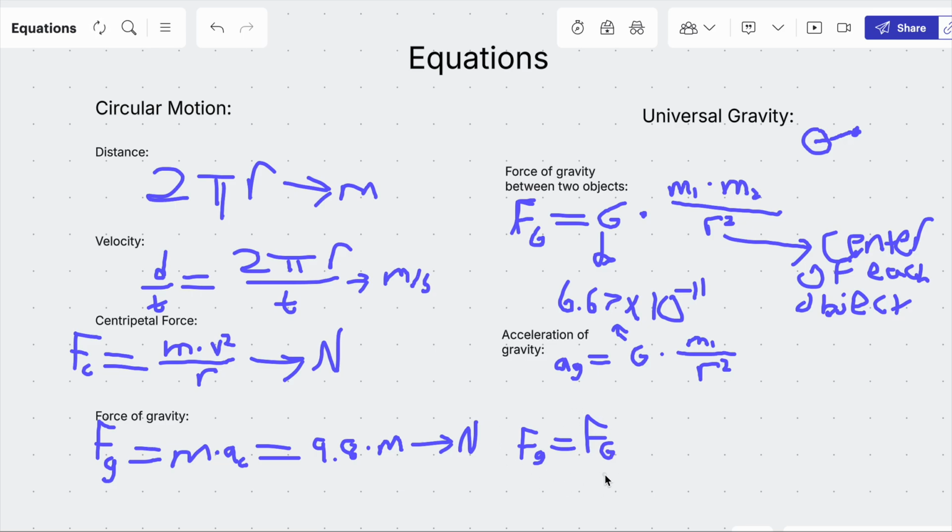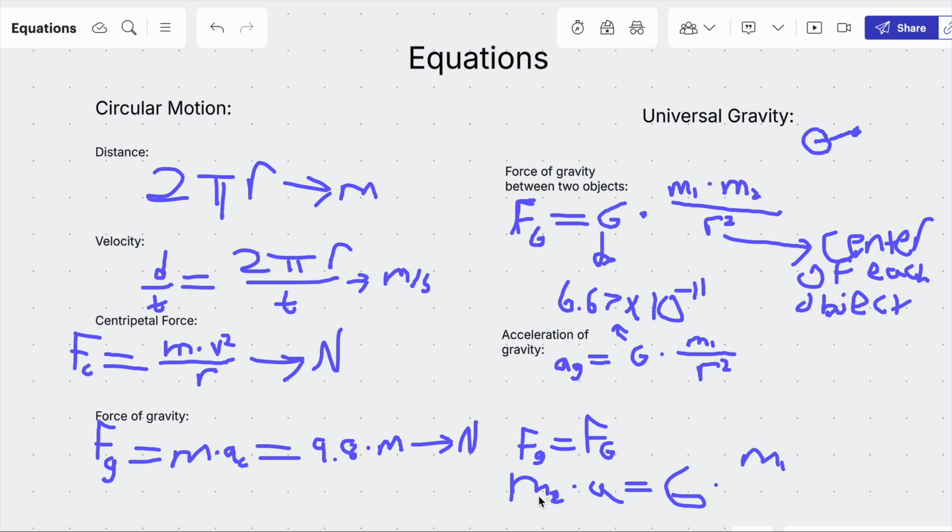is equal to, like the universal one. So we can plug in mass of the object, which we'll say is m2, times a, equals the gravitational constant times mass of, like, the Earth in this thing.